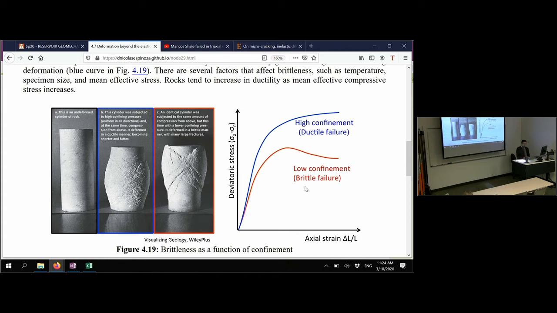If you have rocks loaded at a very low stress, like for example the ones that you did for the unconfined compression strength test, that was laboratory number 1, when you break them you saw very clear fractures and probably many of them. And that was the case with very low confinement, almost zero, no confinement at all.